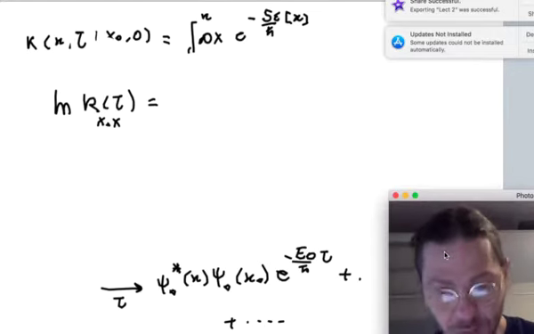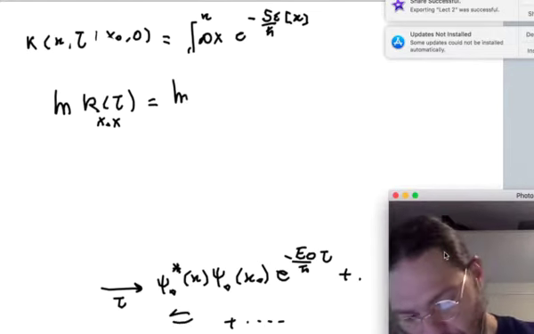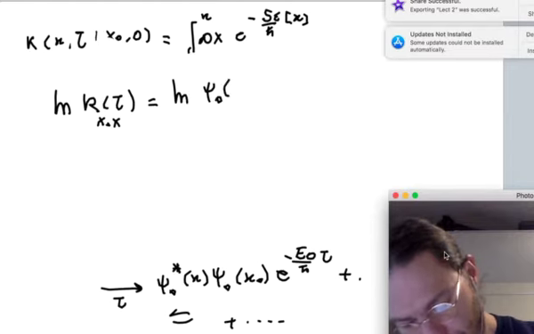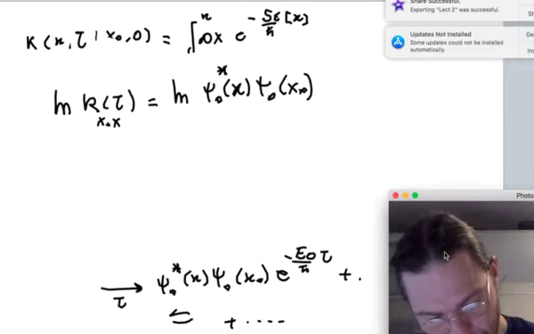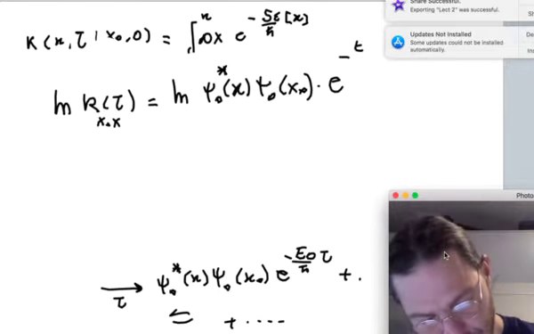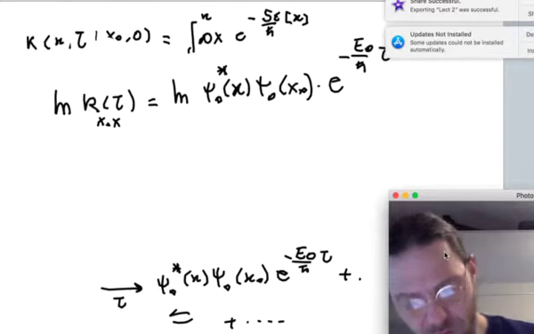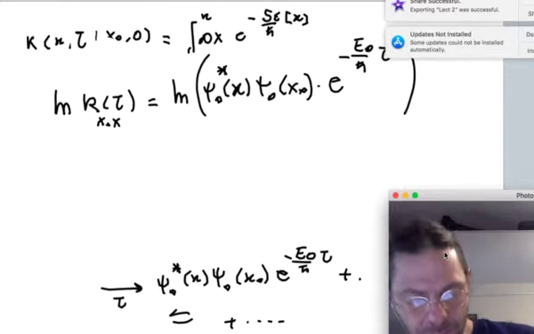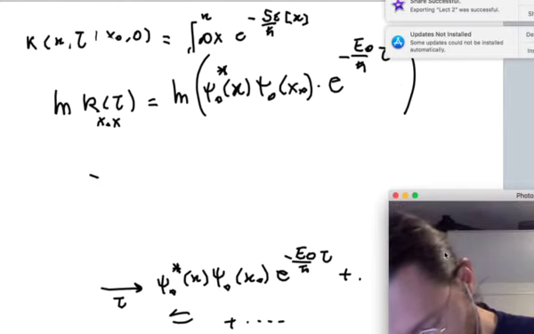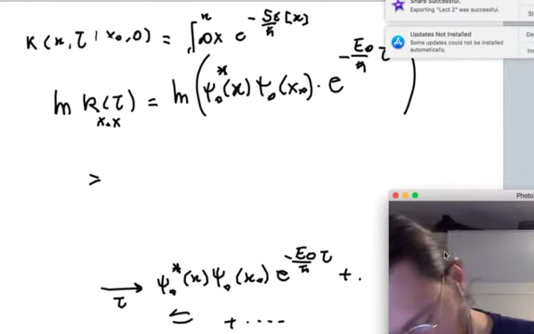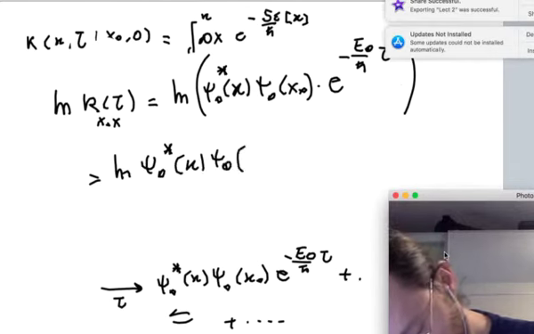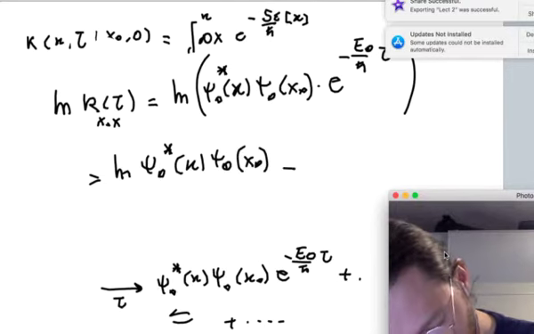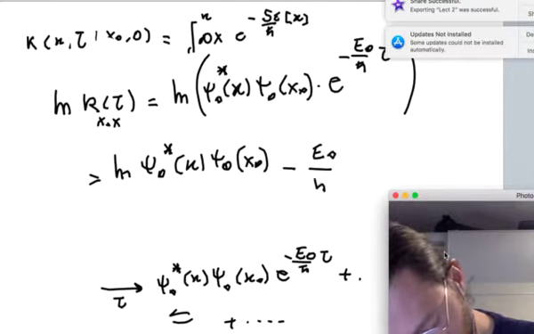Well, I look at this formula down here, and this will be the logarithm of psi naught star of x, psi naught of x naught, times e to the negative E naught over h bar tau, which means that if I use the properties of the logarithm, this is the logarithm of the wave function product minus E naught over h bar tau.